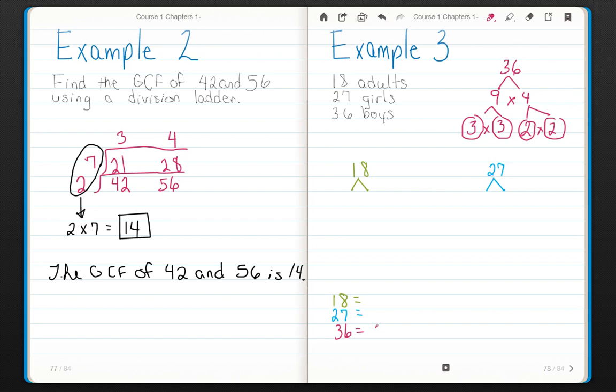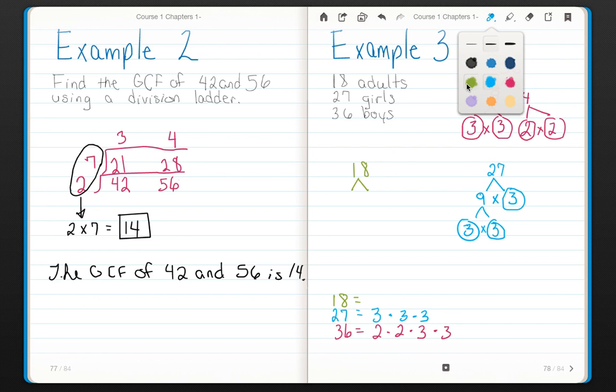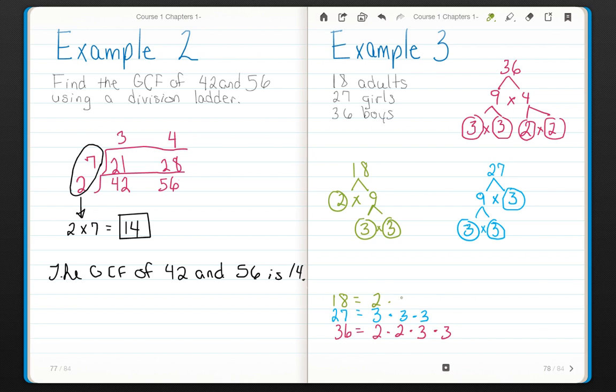So 36 is 2 times 2 times 3 times 3. 27, 9 times 3, 3 is prime, 3 times 3 equals 9, so 27 equals 3 times 3 times 3. 18 equals 2 times 9, 2 is prime, 9 is again 3 times 3, so 18 equals 2 times 3 times 3.